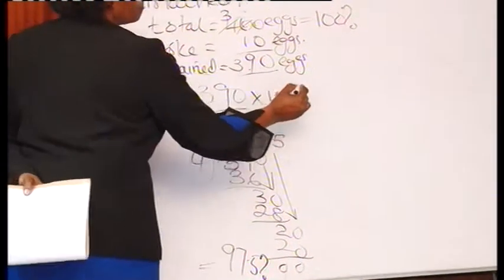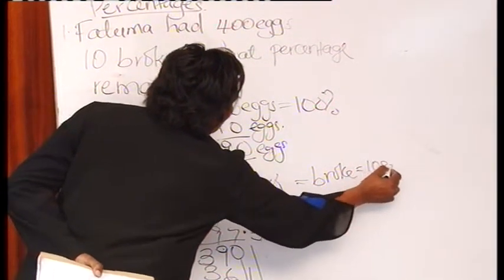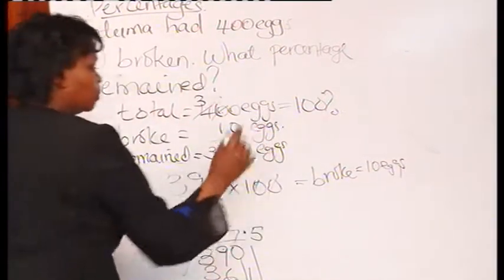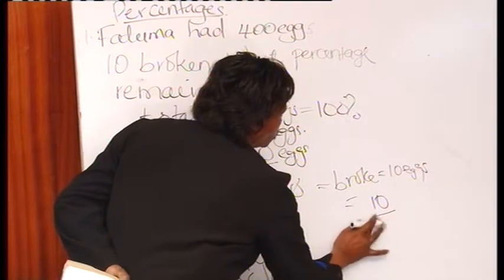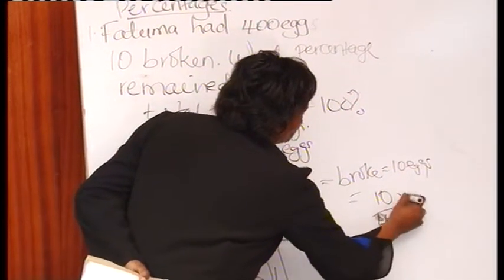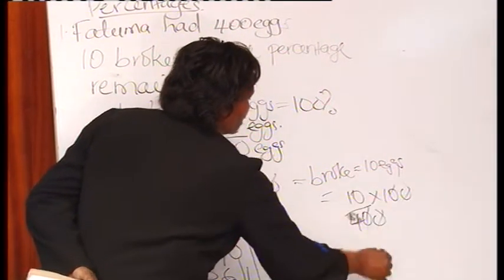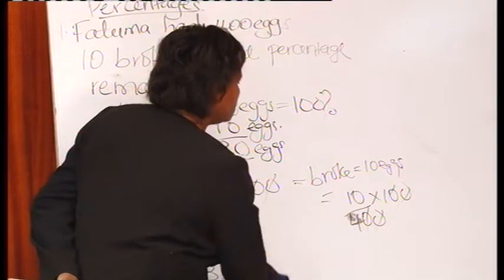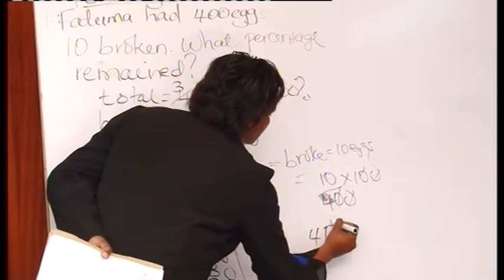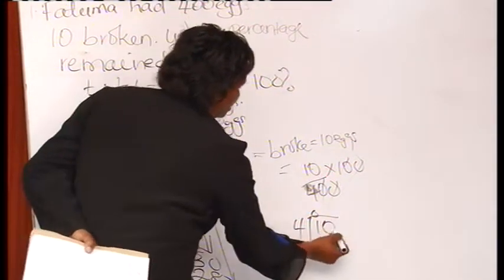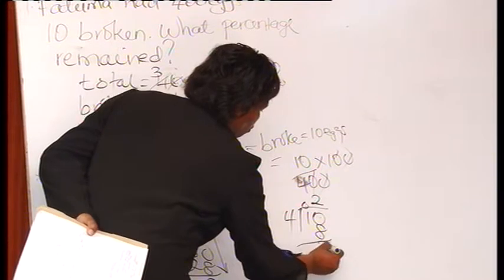I can also be asked to get the percentage of what broke. So I just write what broke was 10 eggs. Then if I'm to get the percentage of what broke, I just do the 10 over the total, which is 400. Then I multiply by 100. Then I simplify. 10 divided by 4: 1 divided by 4 is 0, then 10 divided by 4 is 2 because of 8, remainder 2.